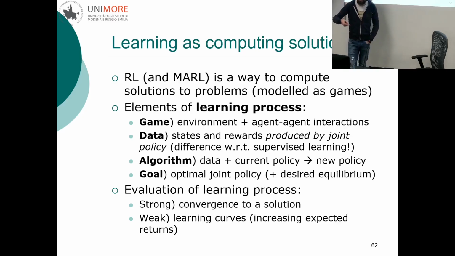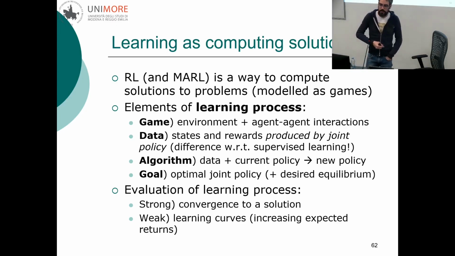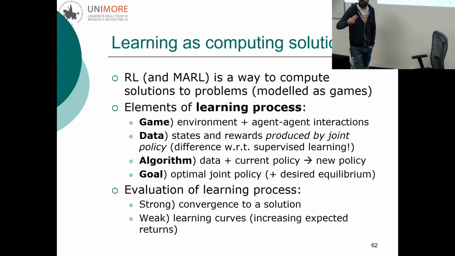If it increases, the agent is learning something. The problem is that maybe you are not sure whether the agent is learning the optimal policy or how far it is from the optimal policy. But at least you can check that the agent is learning. A stronger evaluation would be, if you have a ground truth about what the optimal policy is, to compare the policy your agent learned against the optimal policy.